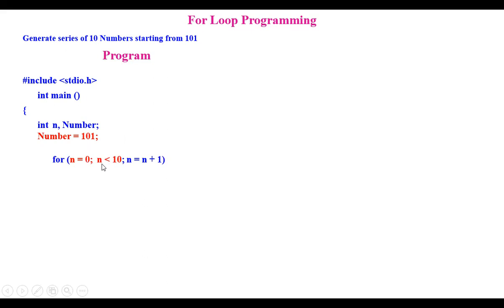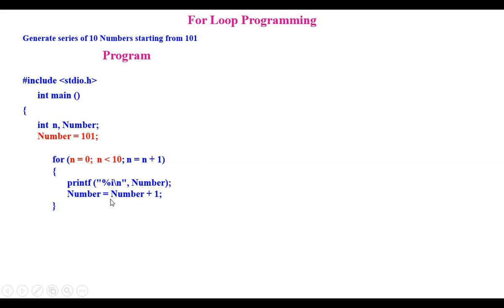It is considered as n less than 10. Means up to 9 only, this will be considered. If it is 10, this comes out of the loop. So 0 to 9 only is considered. The looping is done from 0 to 9. That means 10 times.